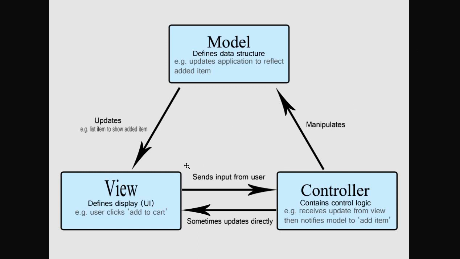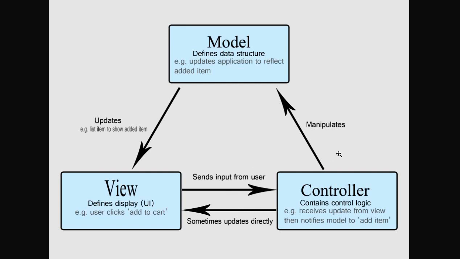Now, in our example here, we can see how these three components interact with each other. For example, let's say a user logs into Amazon and wants to buy something, and they add, let's say, a drink into their cart. That input is sent to the control logic.